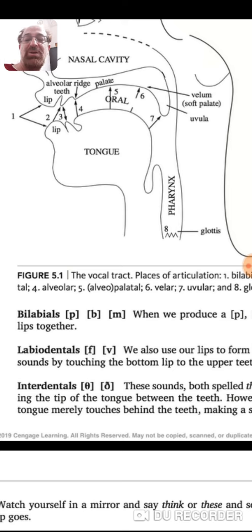Let's see, number 1. So when I say Farsi doesn't have it, it means like me, I don't know how to pronounce the sounds. If I say Arabic does not have it, it means that you cannot produce the sounds.